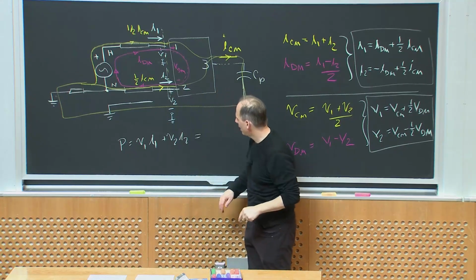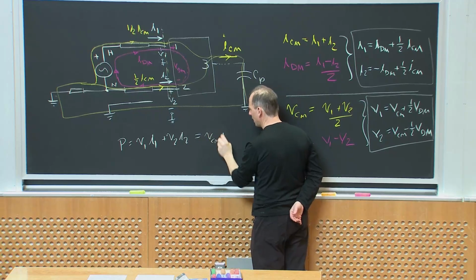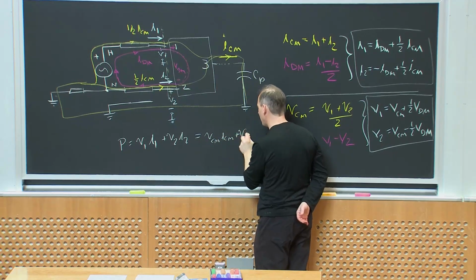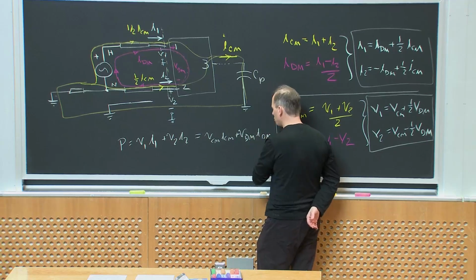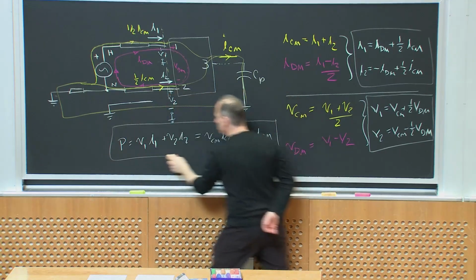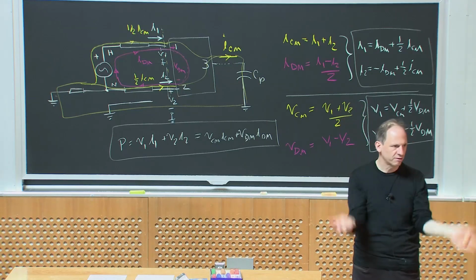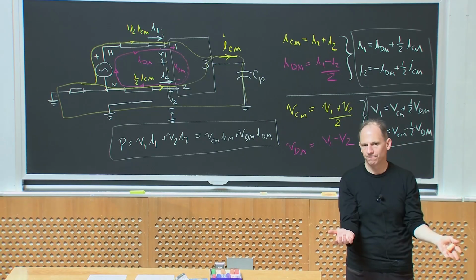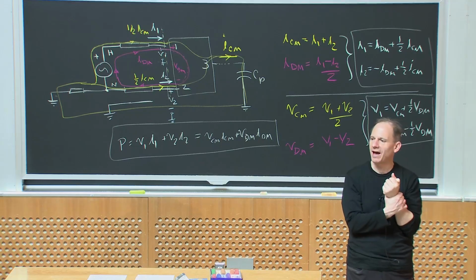And if I work that out, that works out to be precisely equal to VCM ICM plus VDM IDM. All right? So if I take my voltages and currents and decompose them into common and differential mode, it preserves the notion of power. Okay? So that's just kind of a convenient, handy fact.